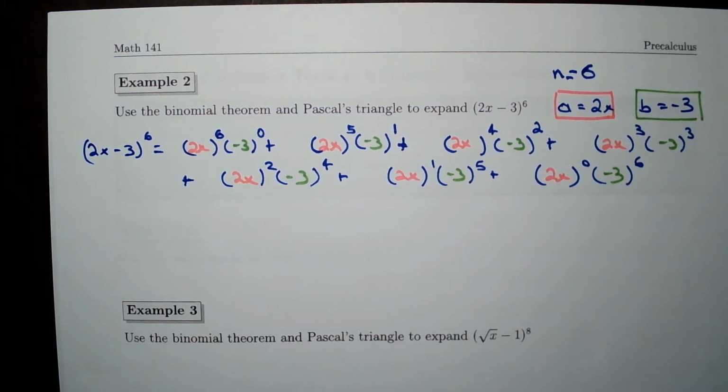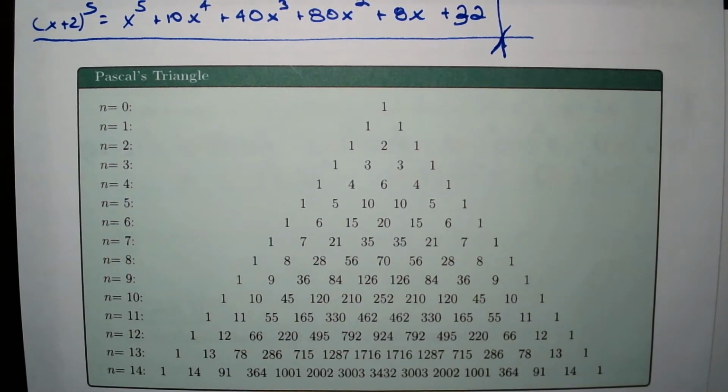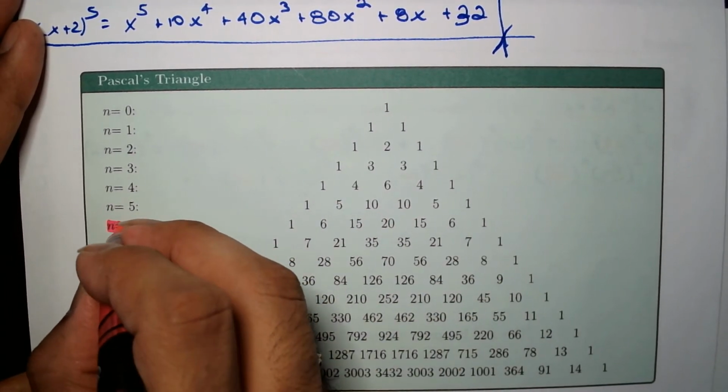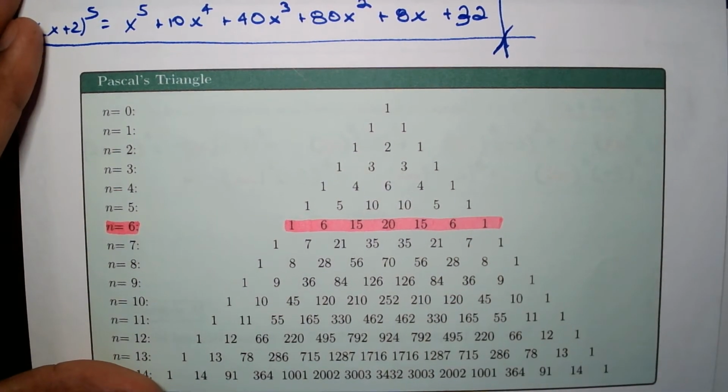In this case, I'm going to use Pascal's triangle. So we're going to go with n equals 6. I'm going to highlight the coefficients of n equals 6. These are the ones I'm going to use.